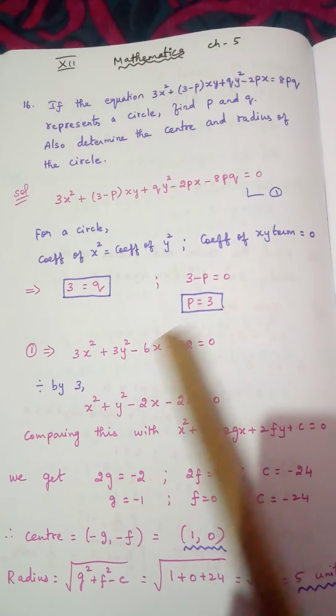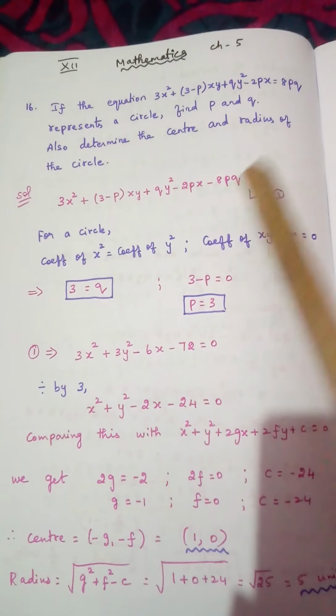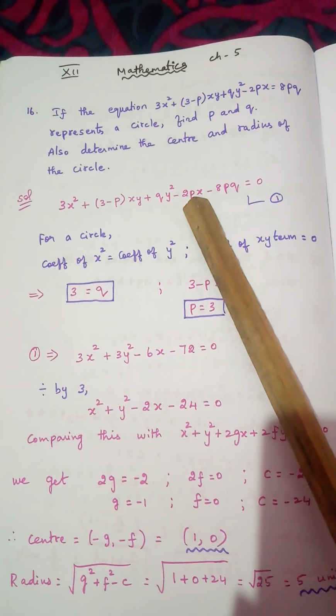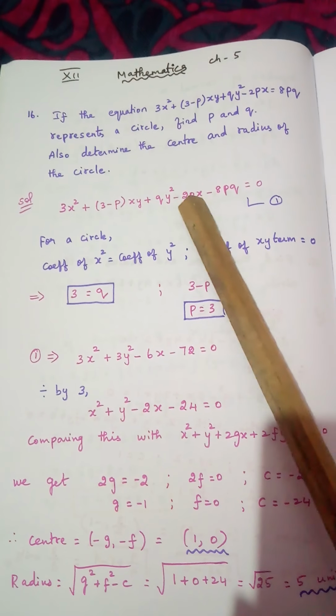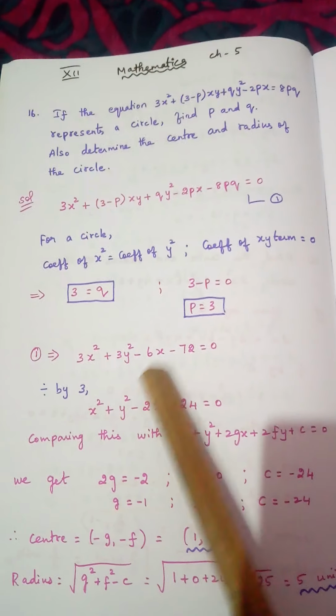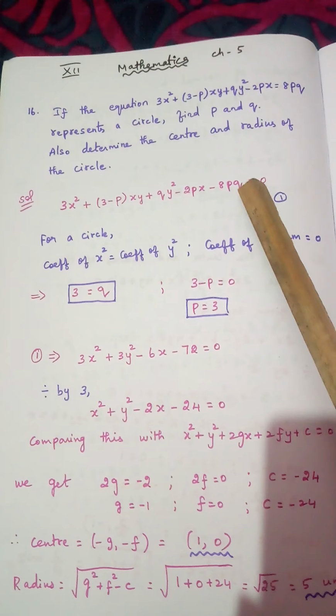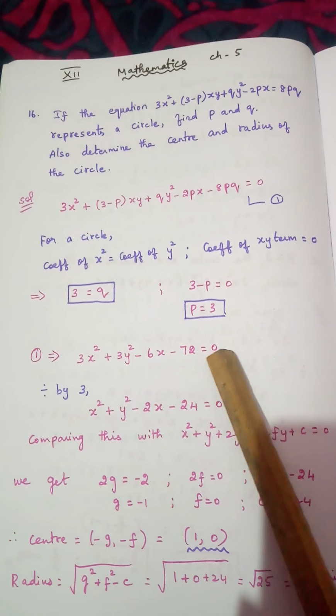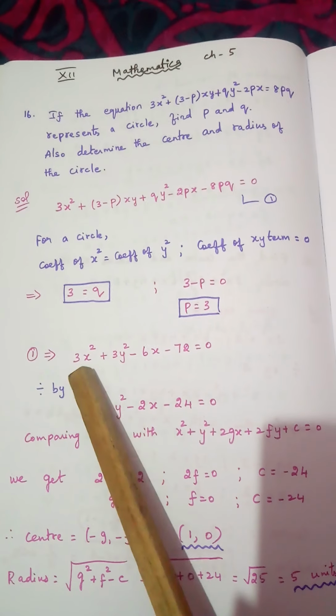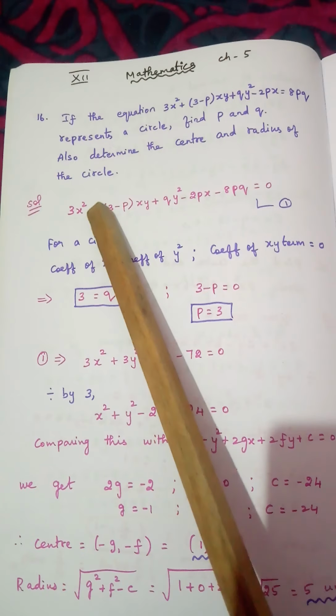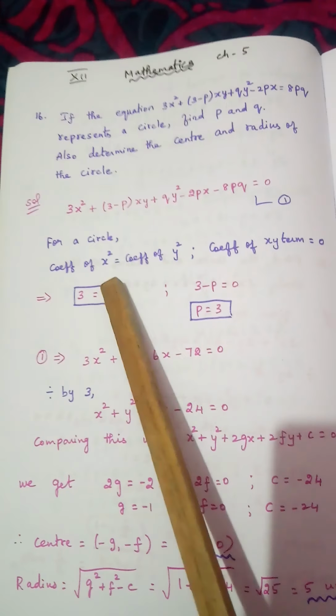If I put p again 3, 2 3s are 6, 6x. Here also p and q are both equal to 3, so 3 3s are 9, 9 into 8 is 72, equal to 0. So in equation 1, we substituted p value and q value.